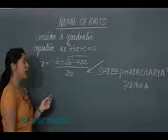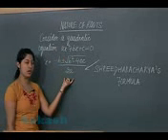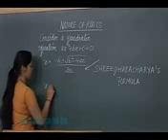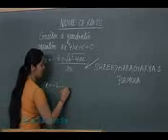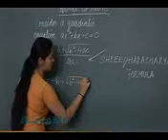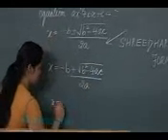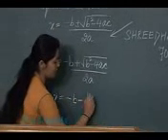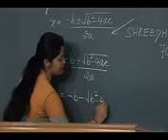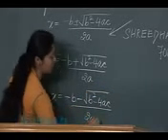Now we know that the two roots of the quadratic equation are given by this formula, and the roots will be minus b plus root of b square minus 4ac upon 2a and minus b minus root of b square minus 4ac upon 2a.